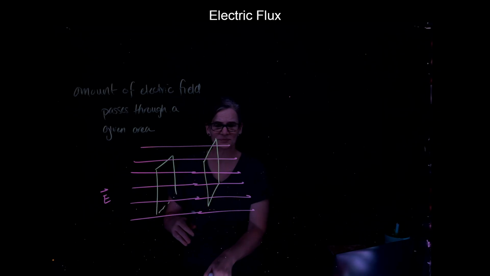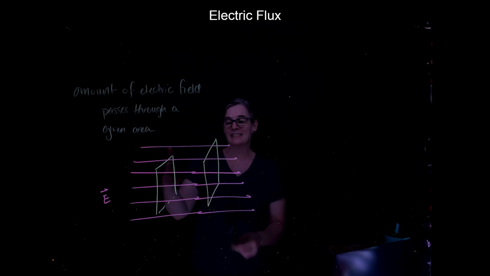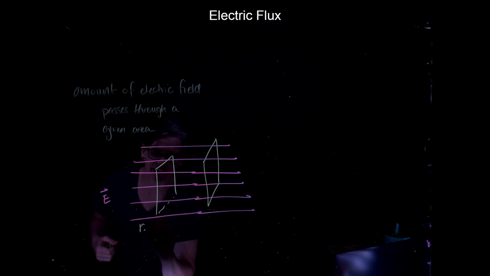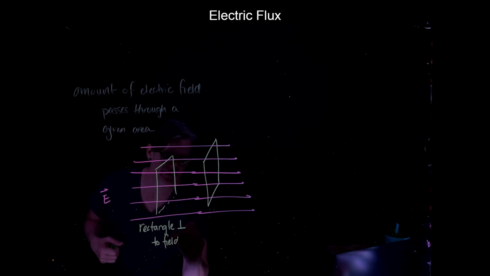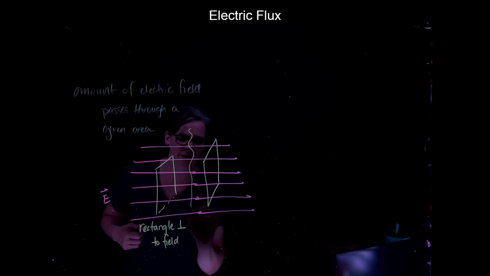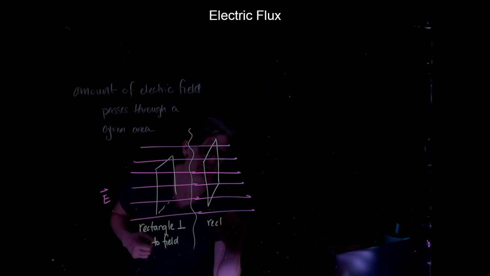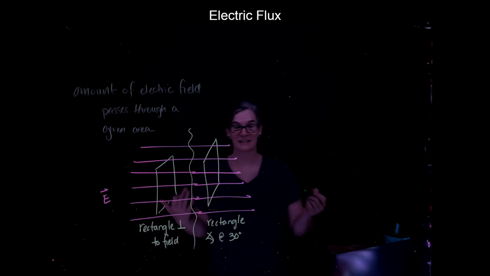All right. So imagine that in this case, the rectangle is perpendicular to the field. And in this case, the rectangle is angled at 30 degrees with respect to the field.